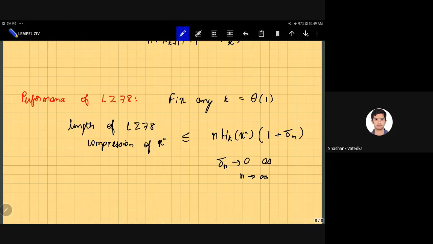But this statement is true for any sequence xn. And this is completely lossless, so while decompressing, you will get back the original sequence as it is. One point to note is that this result is good only if n is sufficiently large.